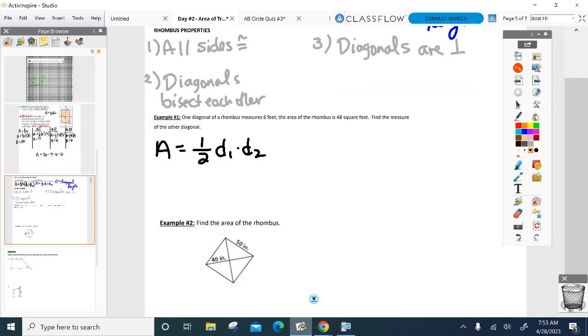Where's the 6 going? Or D2, right? Doesn't matter. 1/2, 6. And how about the 48? Yep. And we're solving for the other diagonal. And remember, that's all multiplication there. 48 equals 1/2 of 6, which is 3, times x.